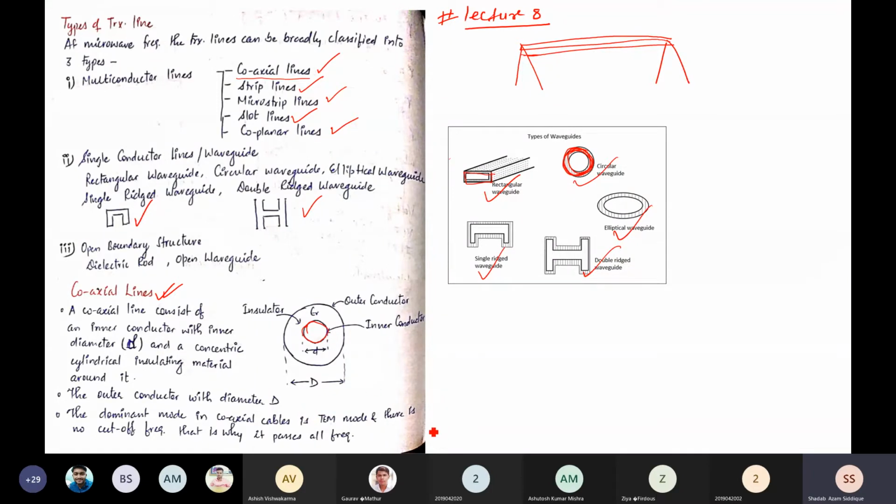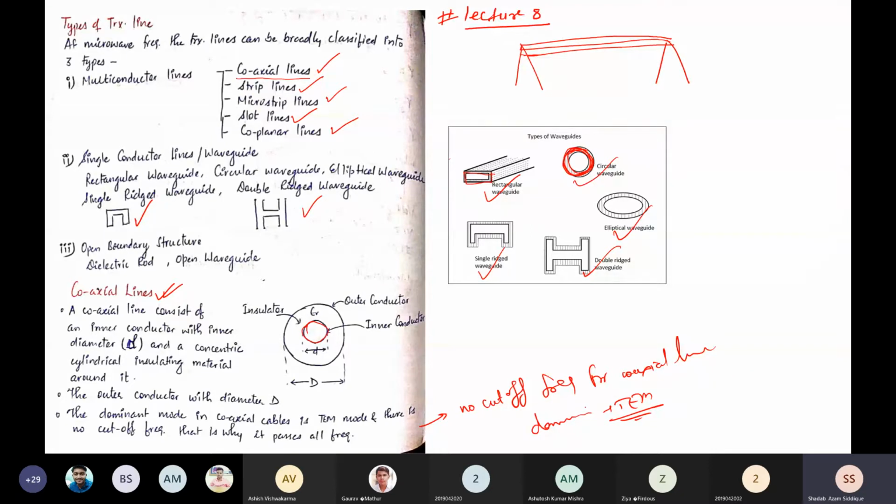So you should remember, if I ask what is the cutoff frequency for coaxial lines, there is no cutoff frequency. That means they can pass all the frequencies coming in their path.